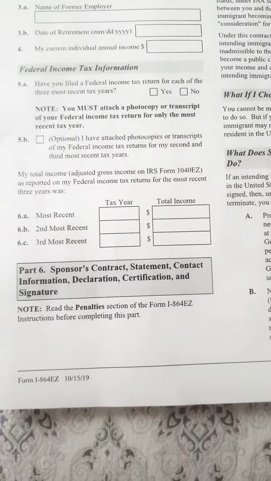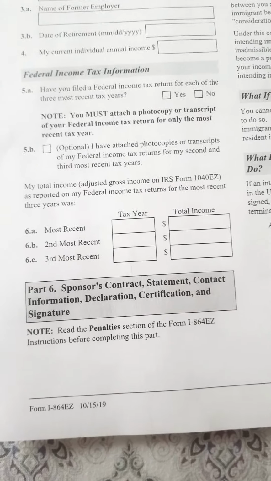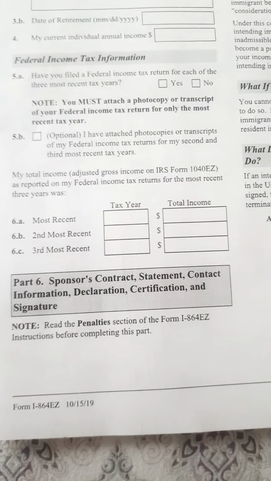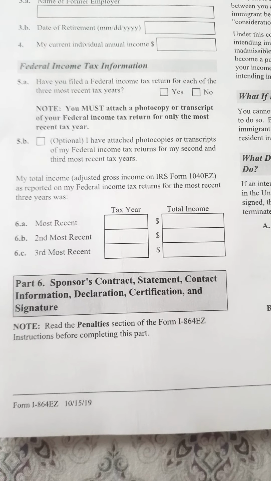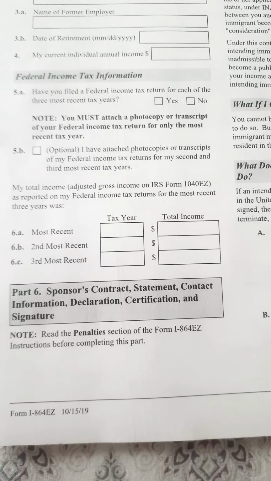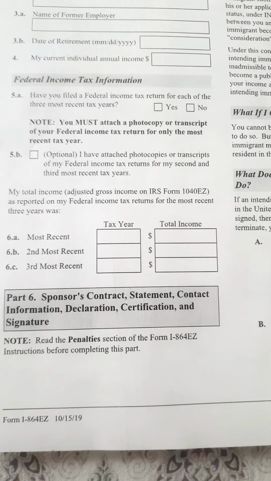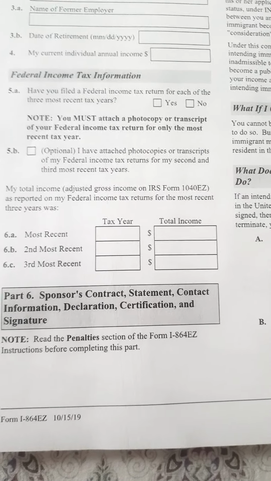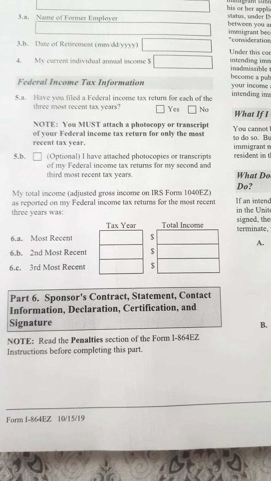Let's move over to Part 6, talking about sponsor's contract, statement, contact information, declaration, certification, and signature.